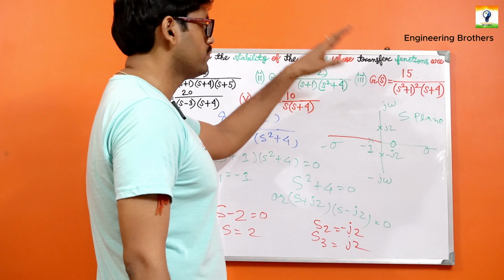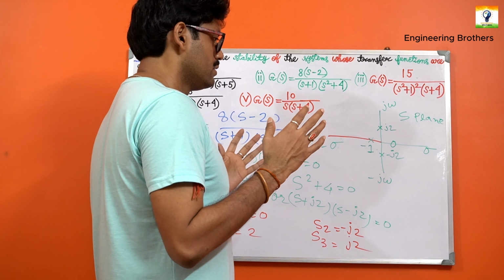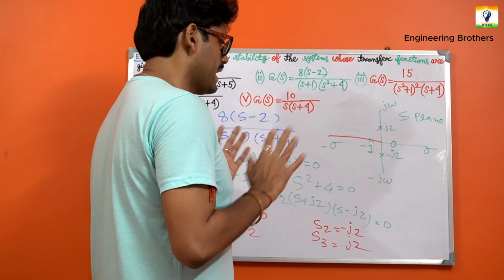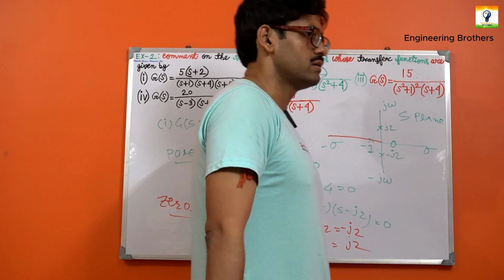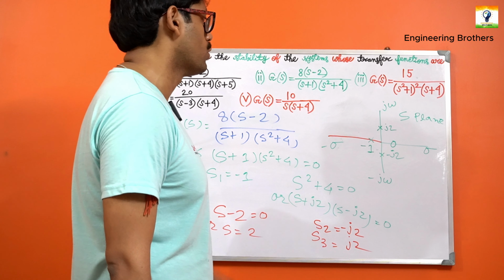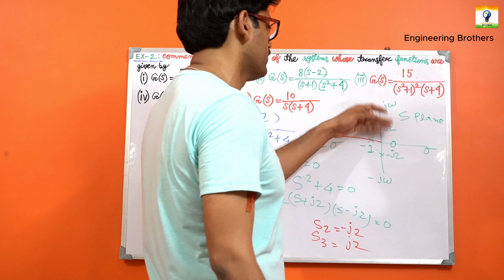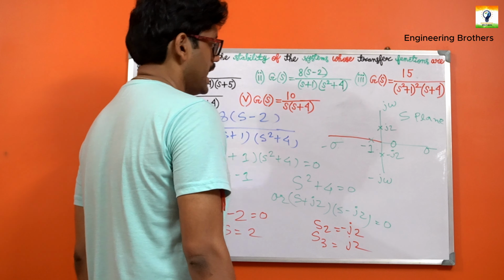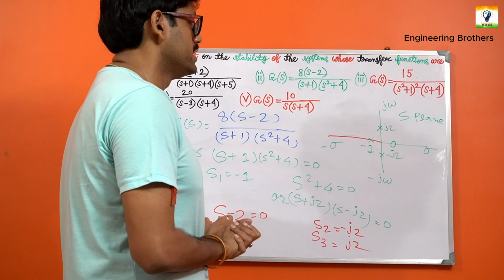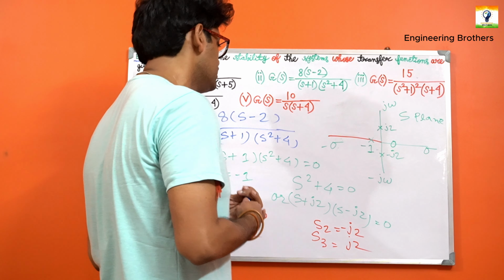These dominating poles have the maximum effect in deciding whether the system is stable or unstable. According to the position of our dominating poles, j2 and minus j2, we can say that the system will be marginally stable.